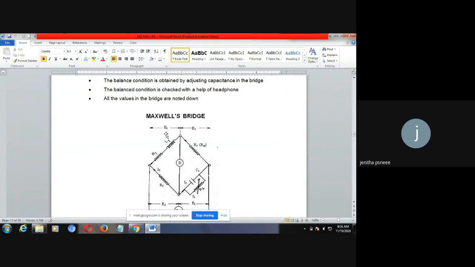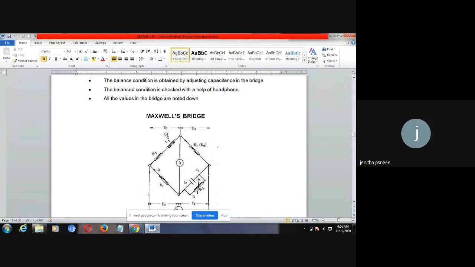Similarly, if you use the CRO, you will be getting some oscillations or some waveform. The waveform will be sinusoidal. But when you balance the bridge, if you identify the balancing point and replace that value, the CRO will show you 0.